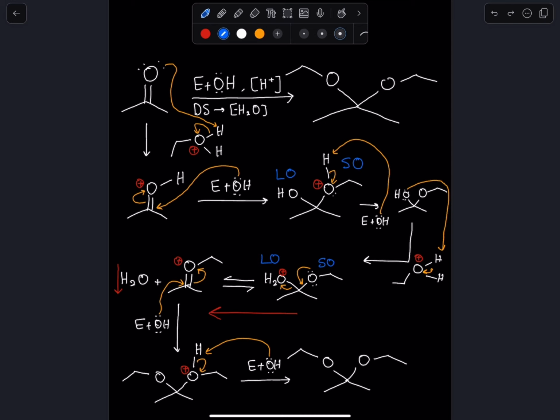Principle number two is that we want to keep the staying oxygen on the molecule and get rid of the leaving oxygen. When we have the luxury of having a lot of hydrogen protons in the solution like we do with acidic conditions, we want to get rid of the leaving oxygen while it is protonated, while it is positively one charged. So we want it to be water.